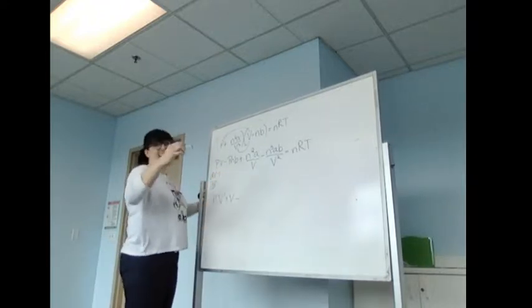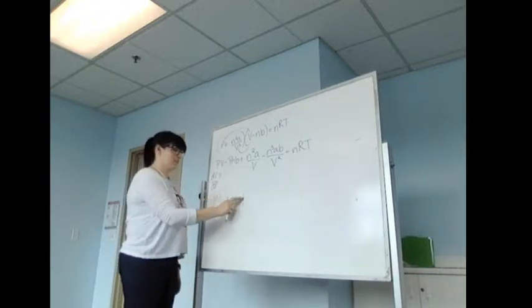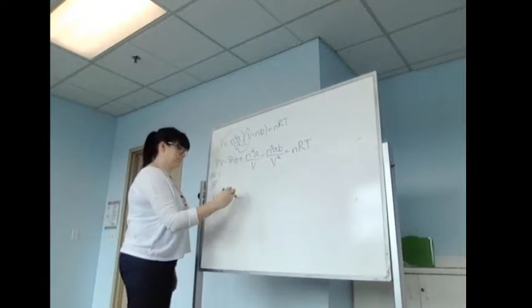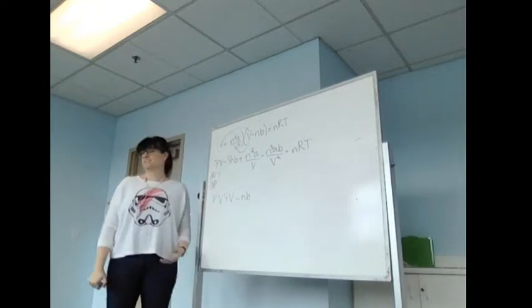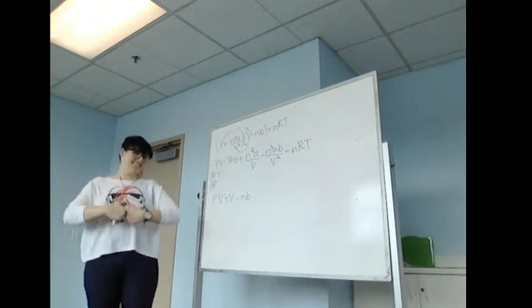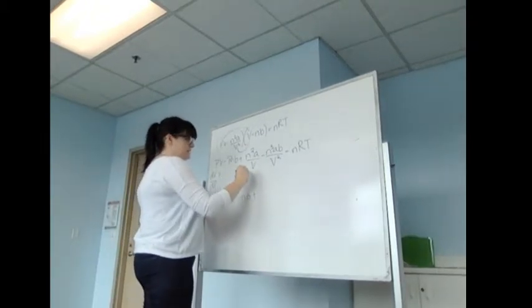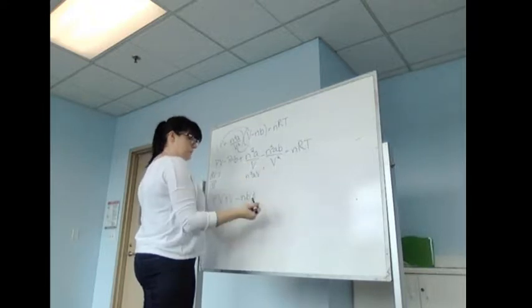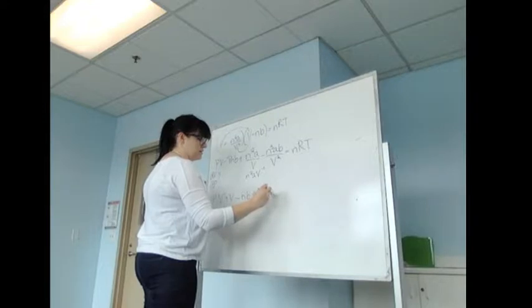Minus Pnb: this is a constant except for the P, so it is just nb, because the derivative of P is 1. Plus, n squared a over V is the same as n squared a V to the negative 1, so we have negative n squared a times V to the negative 2.